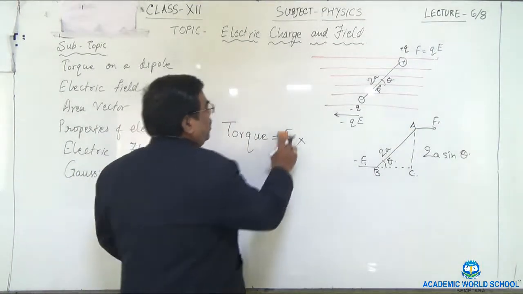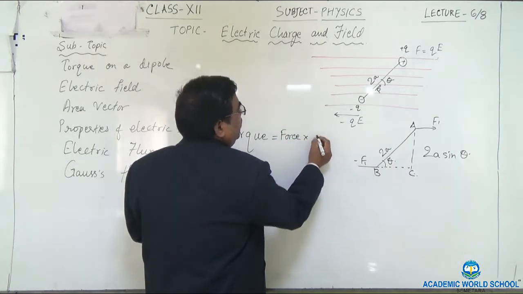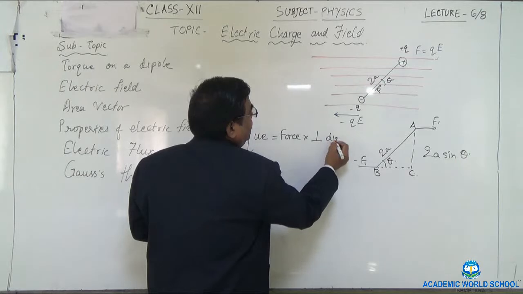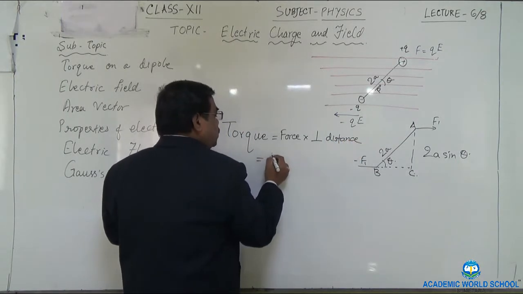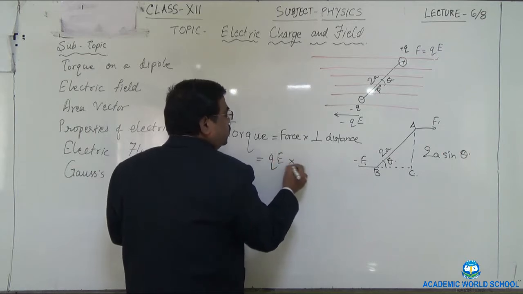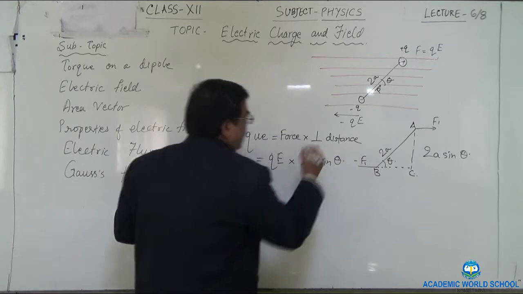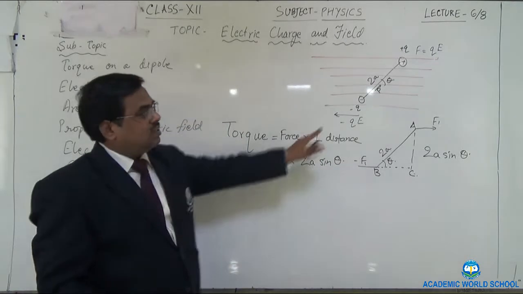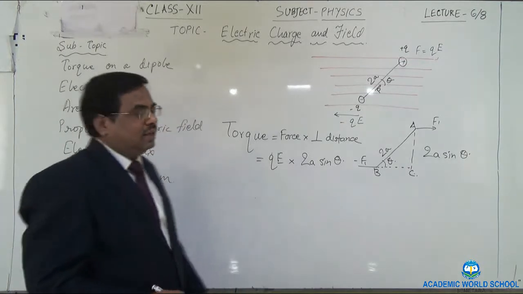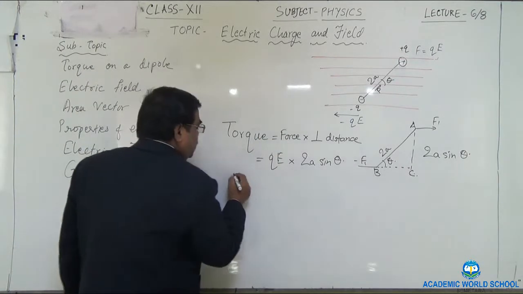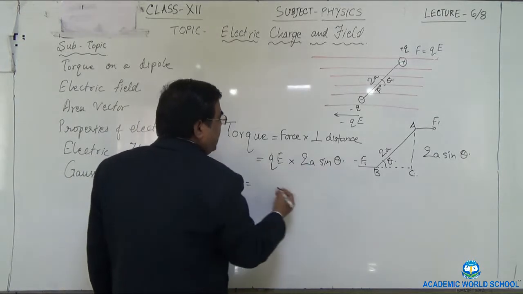So torque is equal to force multiplied by perpendicular distance, that is qE into 2a sin theta. qE is the force and 2a sin theta is the separation. So now torque is equal to qE into 2a sin theta.